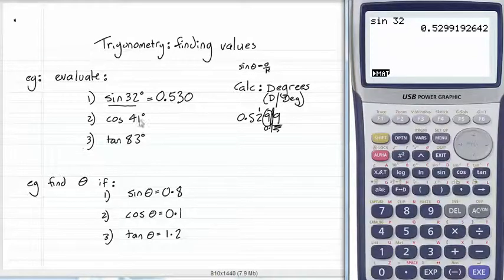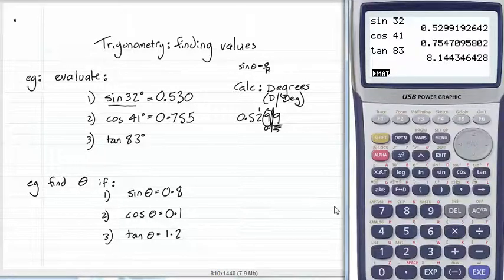So all we do for these is just type it into the calculator. Cos 41 degrees, cos 41 equals 0.755. And tan of 83 degrees, tan 83 equals, gosh, it's an interesting number, 8.144.